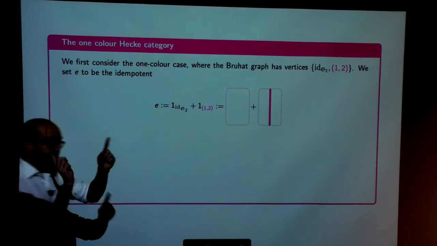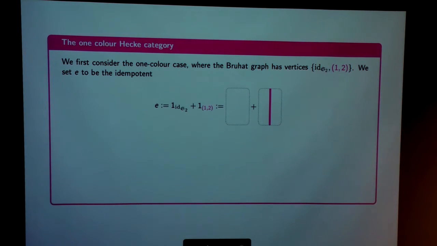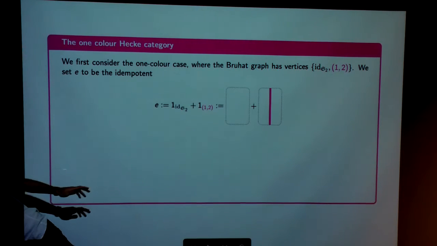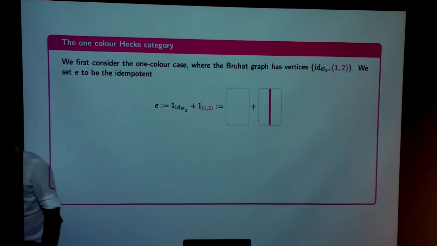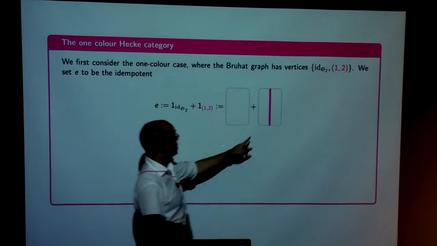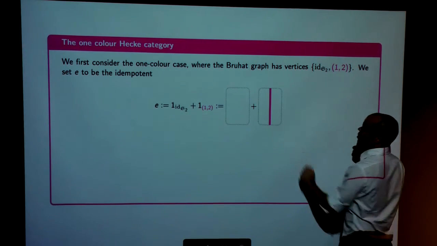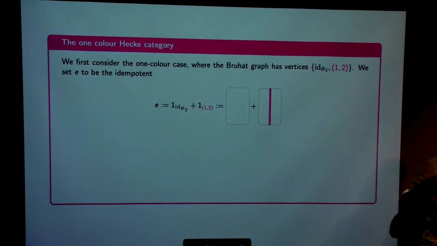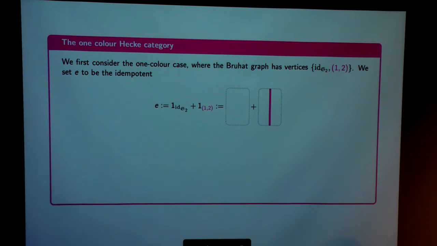You've already seen the idea that blank space, drawing nothing, is the monoidal unit. And the empty path, which terminated at the identity, is just blank space. And there is the monoidal unit, which is an idempotent labeled by this guy, which is blank space. The only other vertex in the graph is the transposition (1 2). So for (1 2), top and bottom, the idempotent is just the strand. And that is going to be the identity of this algebra.